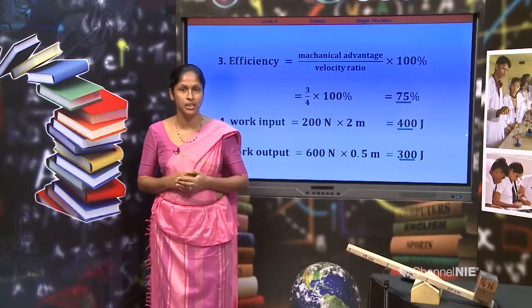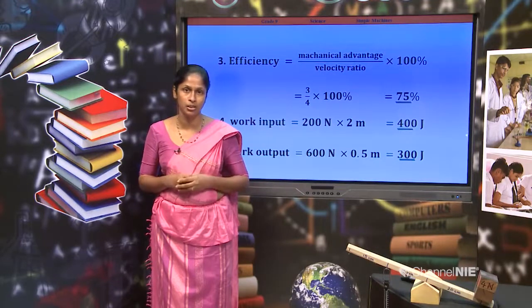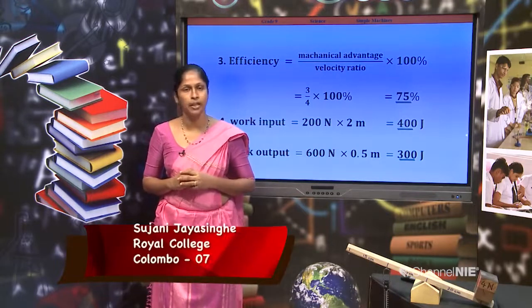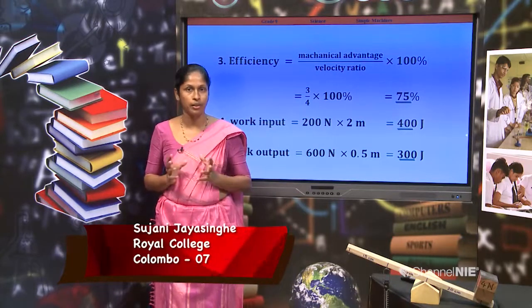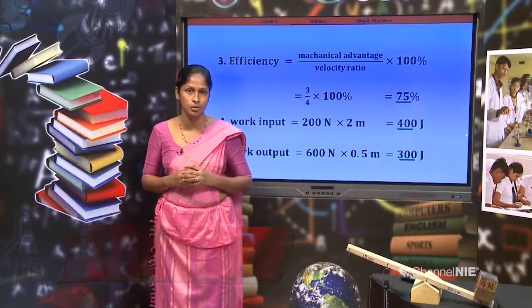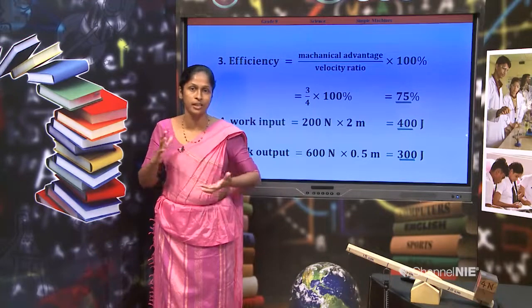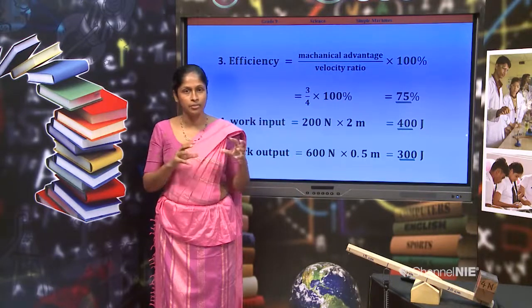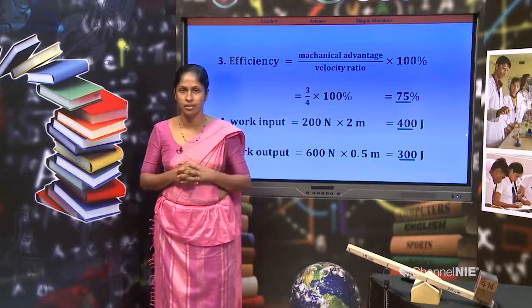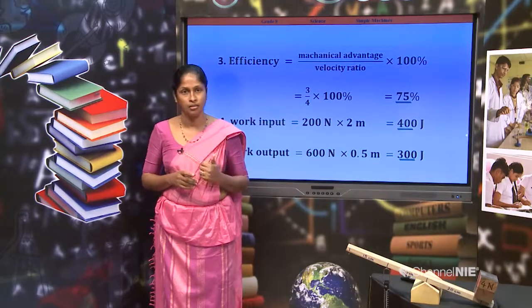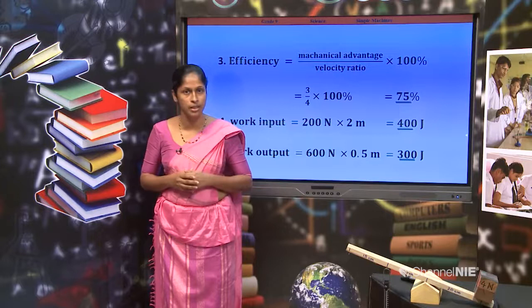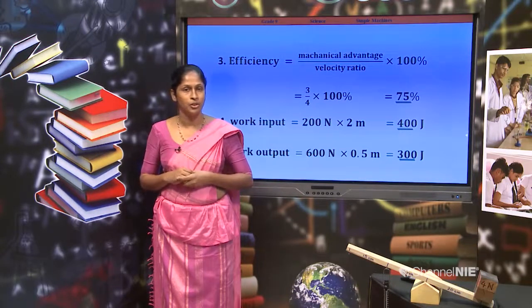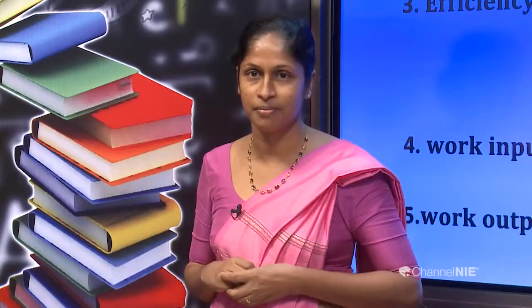Okay children, now you have good knowledge about simple machines. I know at the beginning you didn't know anything about simple machines. Now I give you a simple activity. Go and find simple machines in your house. I think you can collect many machines and classify them into 3 groups. What groups? First order levers, second order levers and third order levers. And you can submit it to your teacher.